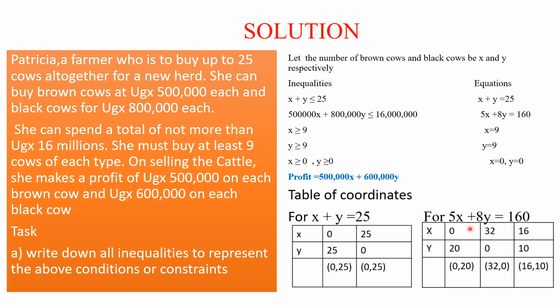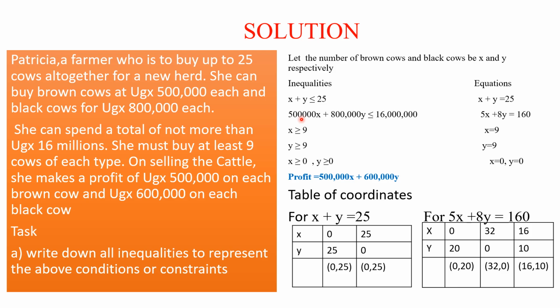Then I have the second line, and that is 5x plus 8y is equal to 160. Where does this equation come from? I have reduced 500,000 x plus 800,000 y is less than or equal to 16 million by dividing by 100,000 throughout.